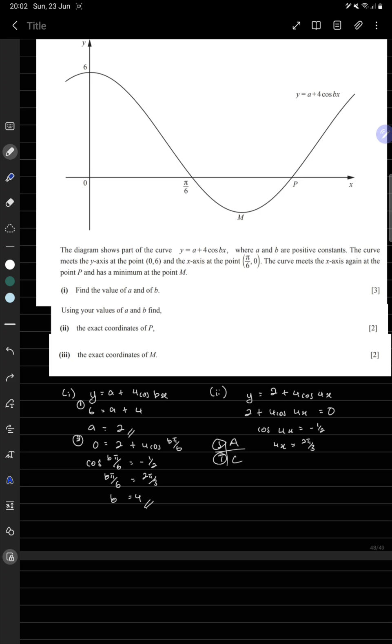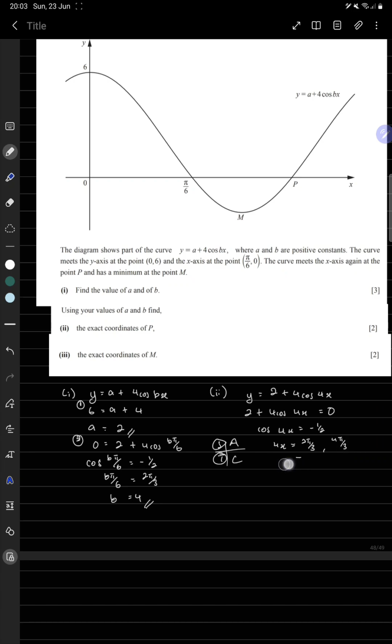Theta is going to be the inverse of cos of positive 1 over 2, so you get pi over 3. In order to find T, that would be pi plus pi over 3, which gives you 4 pi over 3.